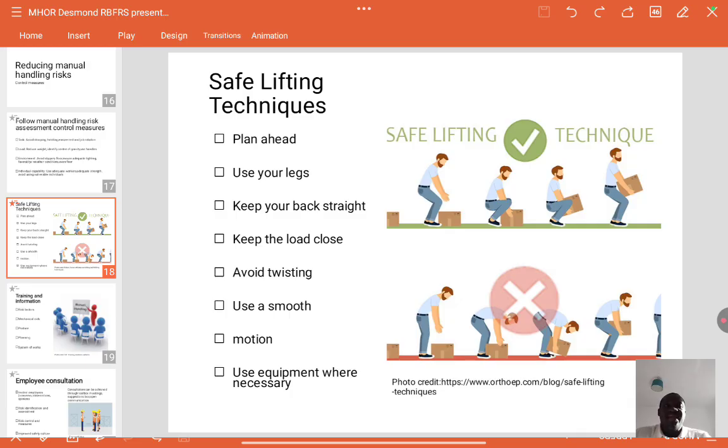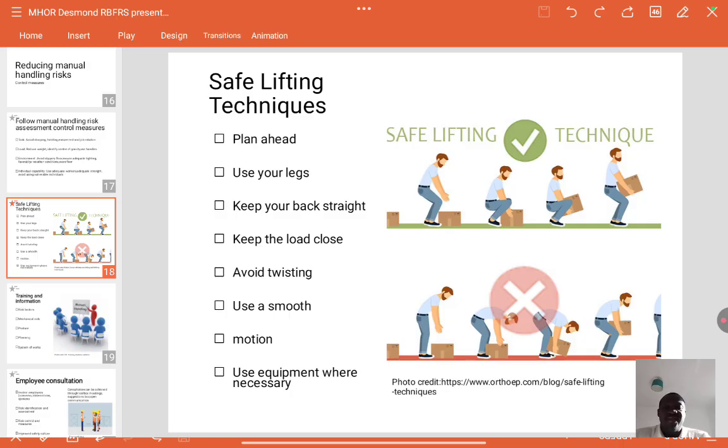Secondly, in the picture at the top, the lifter holds the load closer to the body. So you always have to hold the load closer to the body. The closer it is to your body, the more firmly you can hold it and also reduce the weight on the object.